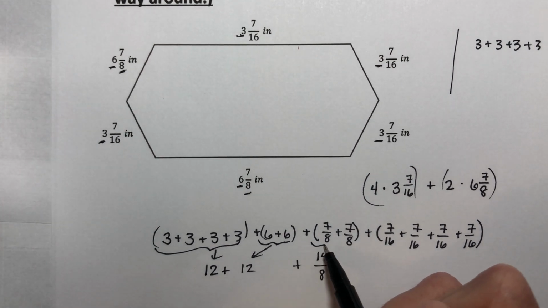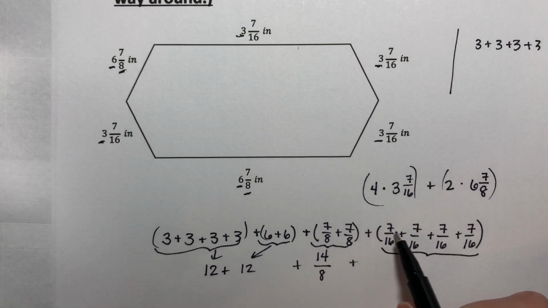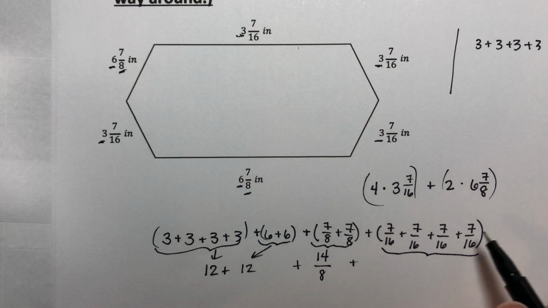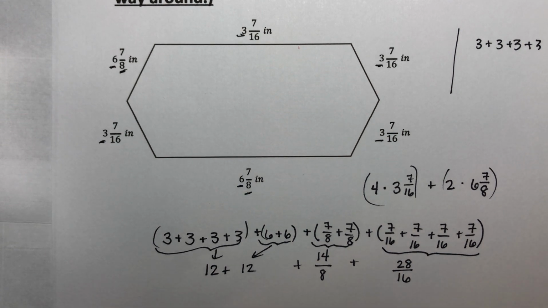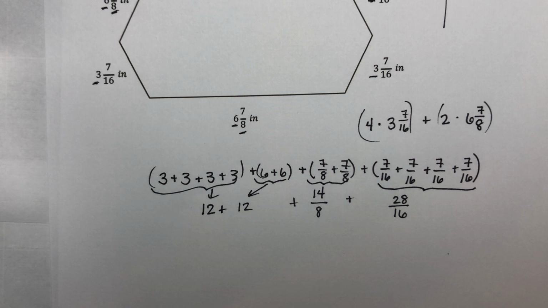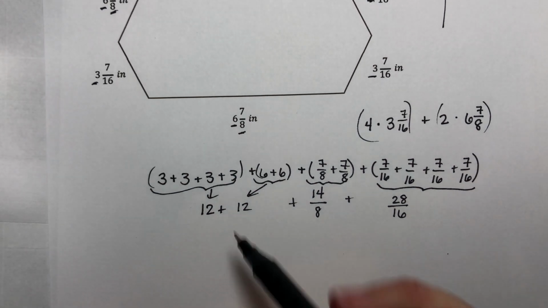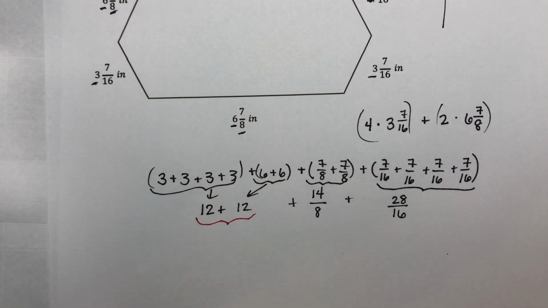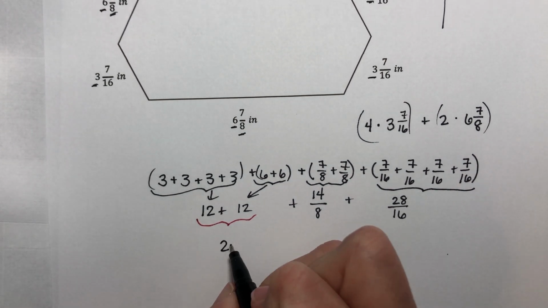Okay, that comes from here. And then from here, 7 plus 7 plus 7 plus 7, that's 28 over 16. Okay, so I've added some of it, simplified it a little bit. It's looking better. Okay, now I can add these two parts together pretty easily, right? 12 plus 12, that's 24. All right, so I'm good there, 24.